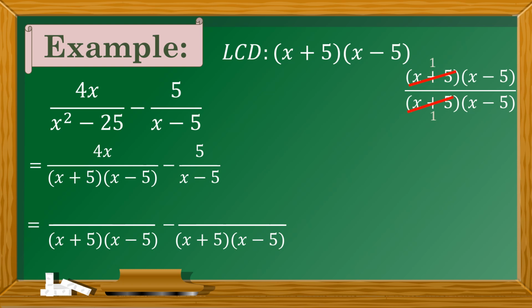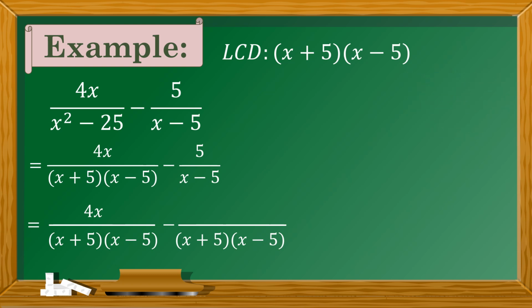Dividing common factors and simplifying, that is equal to 1. Multiply by the numerator of the first expression, which is 4x. So 1 times 4x is 4x.